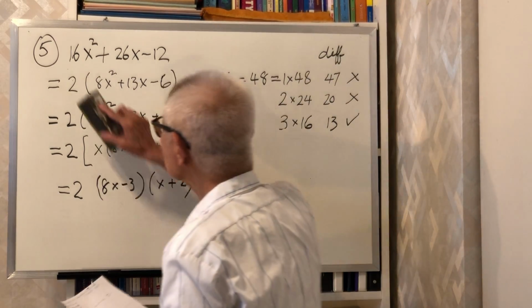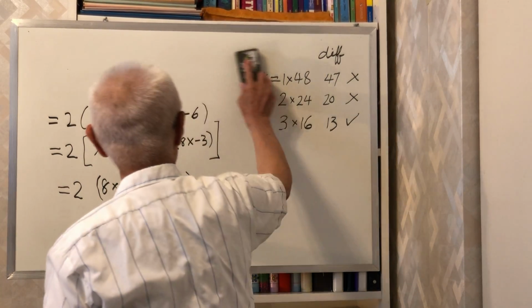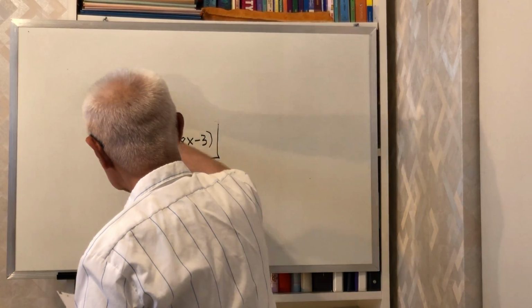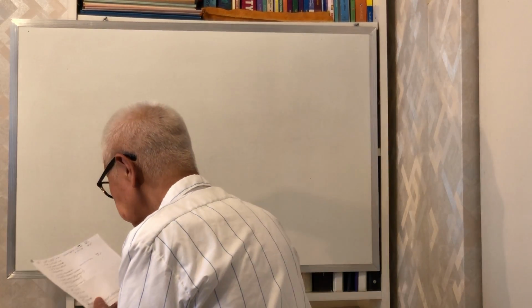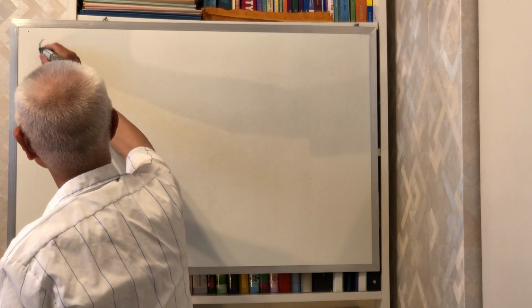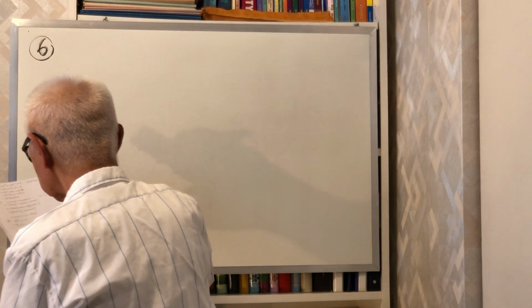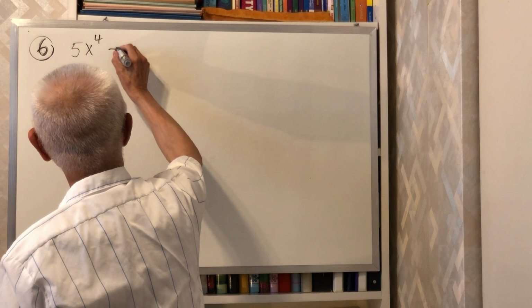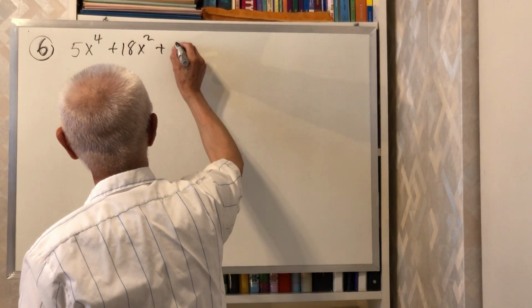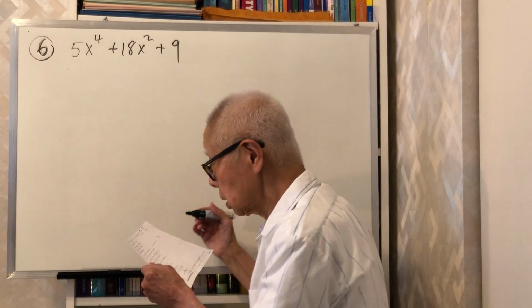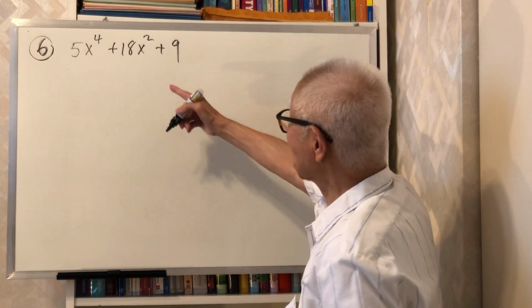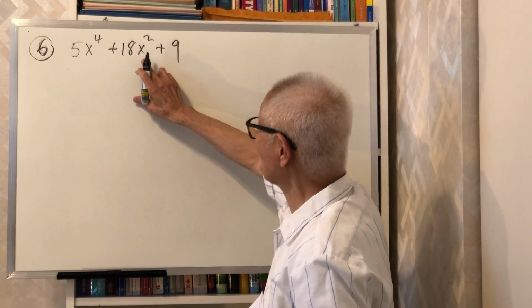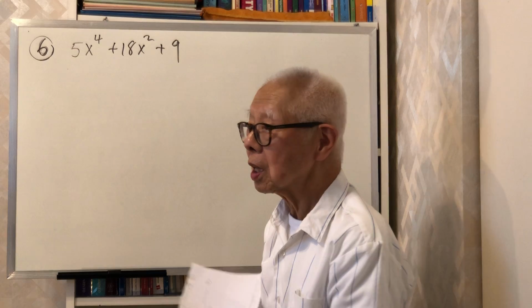More example. Example 6. This example is slightly different from the example before this, because I have x squared here and x to the power 4 here.